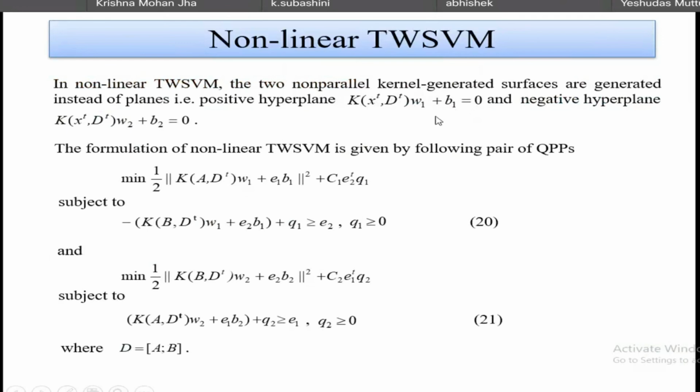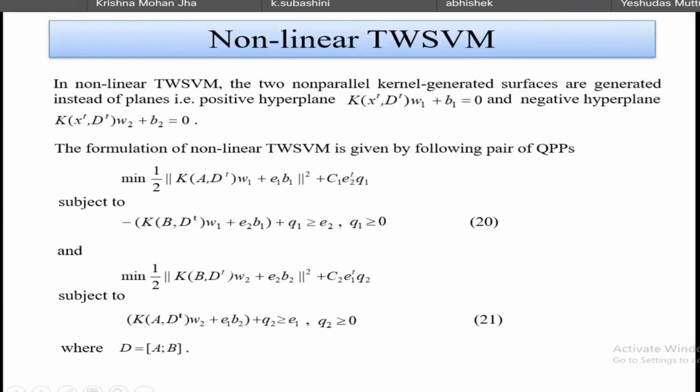So instead of a hyperplane, we have a kernel generated surface. We consider this the positive hyperplane and this the negative hyperplane, and instead of the line equation, they are represented in the form of a kernel generated surface.